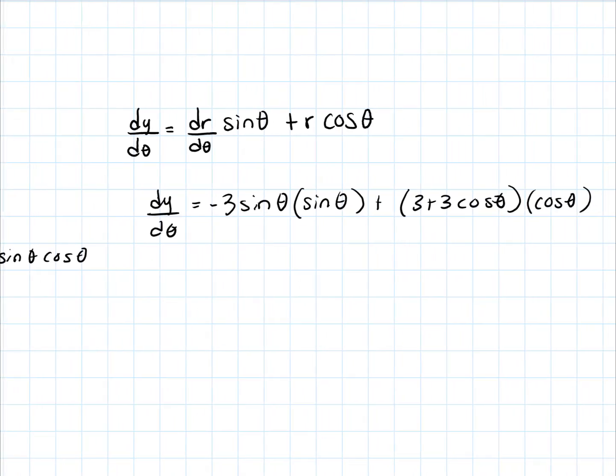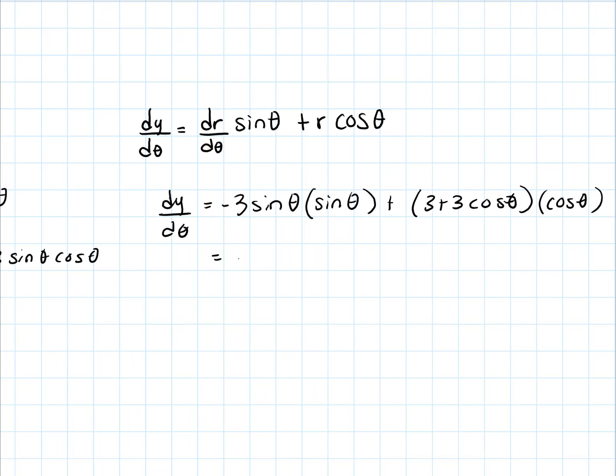And again, let's get this guy as simplified as we can. So this is -3 sine squared of theta plus 3 cosine of theta plus 3 cosine squared of theta here.